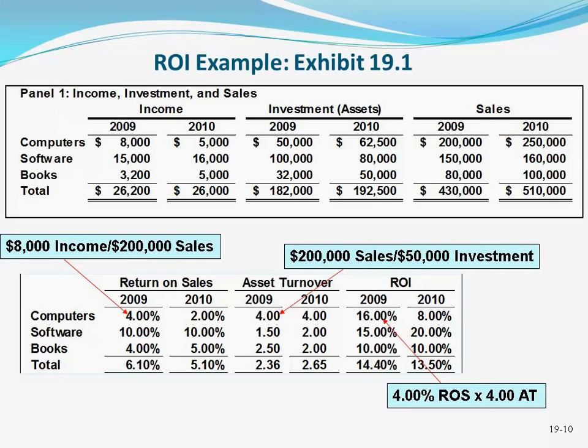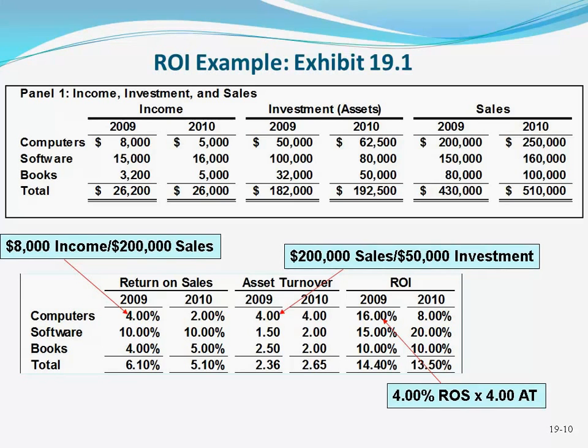Now remember, we said that the ROI can be calculated as the product of the return on sales times the asset turnover. So return on sales, 2009 computers 4%, asset turnover, 2009 computers 4. 4 times 4% gives you a return on investment of 16%.